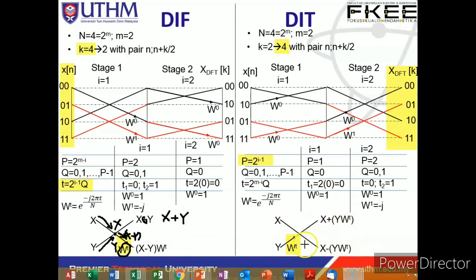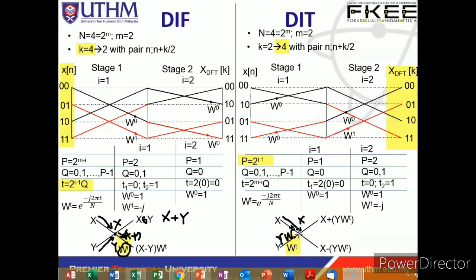So next, how can we get the equation at the DIT side? As I mentioned previously, we just need to memorize the location of the weight. For example here, we have x going to the middle, and then y will be multiplied with the weight before going to the center. So y multiplied with the weight.